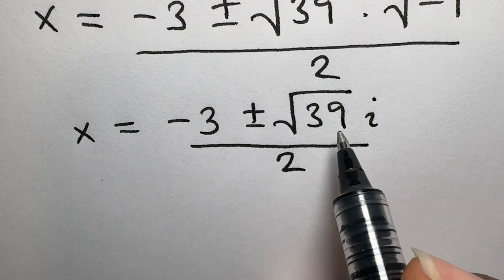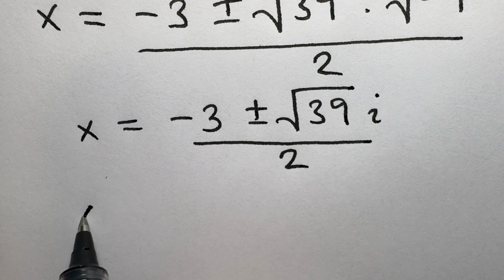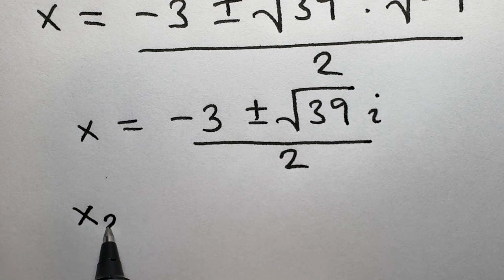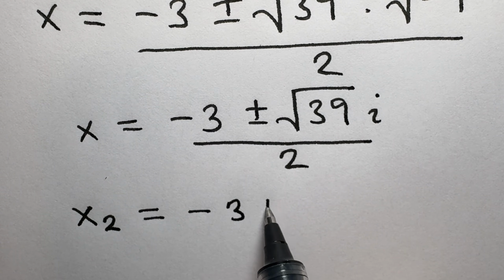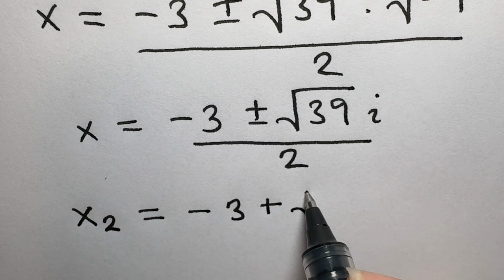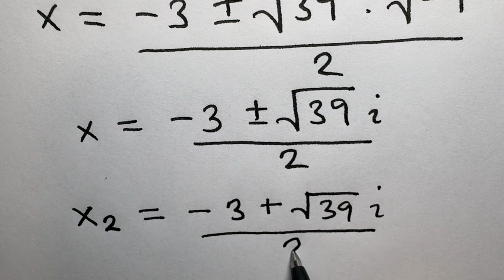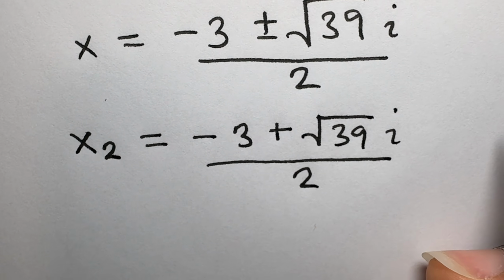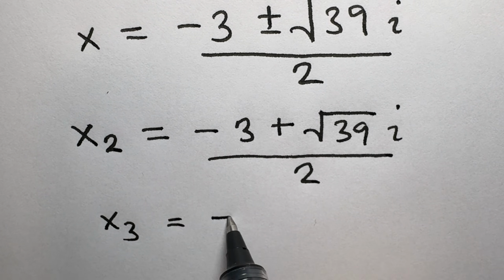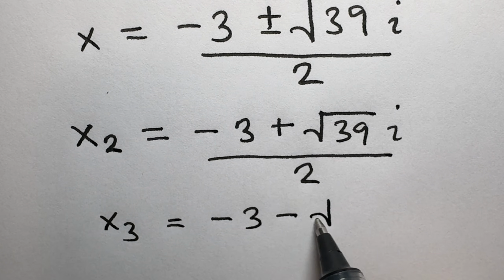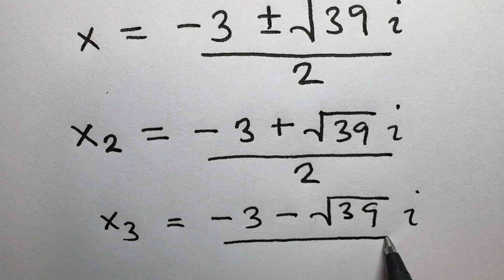There's not much again that can be done to this except to separate this plus or minus. So we have two different values. This will now be our x2 is equal to minus 3 plus root 39 i over 2, and then the final value, which is x3, will be minus 3 minus root 39 i over 2.